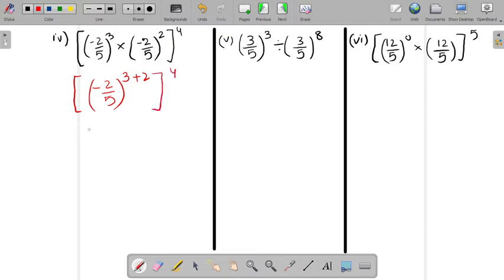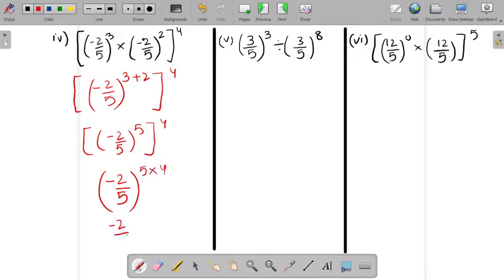So this would become minus 2 by 5 power 5 and outside is 4. Now this is the same as the previous part. What will you do? 5 multiply 4. So minus 2 by 5 power would become 20.